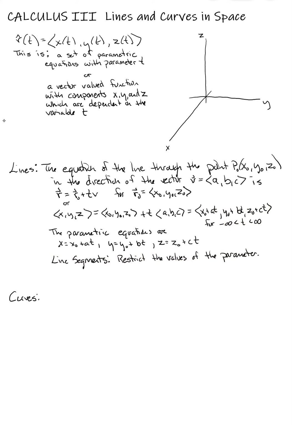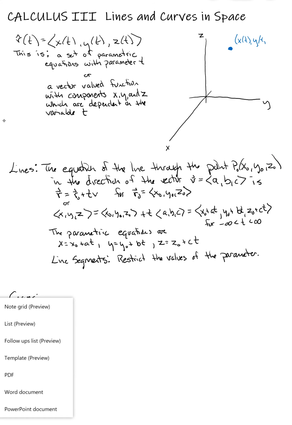We started with a point. So notice we started with that point, P. All right, so that's the point x, y, z. Now those x, y, and z values could possibly change with the t values.